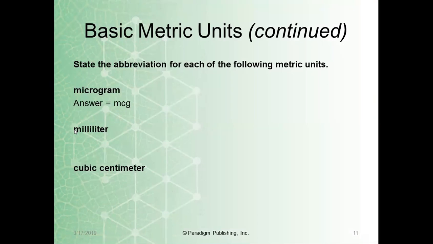Milli, remember we said it stands with an M, and liter is a capital L, so you write it as mL. And cubic centimeter, just as cc. Okay, so this concludes the first section in chapter 4, 4.1. Let's go ahead and work on some of the problems that we see on page 96.